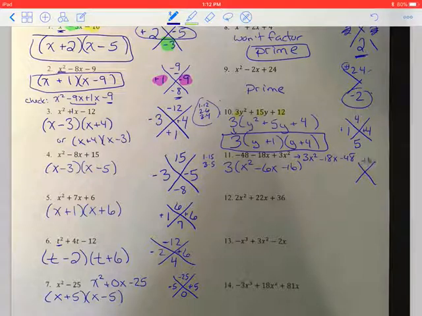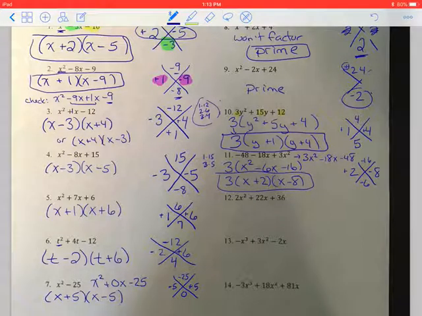So I need a product of negative 16 and a sum or difference of negative 6. So to get 16, I can do 2 times 8. Signs have to be different. A negative 8 and a positive 2 make a negative 6. So when I do my FOIL backwards, I take the x plus 2, and then my other one will be x minus 8. And again, I do have to leave the 3.